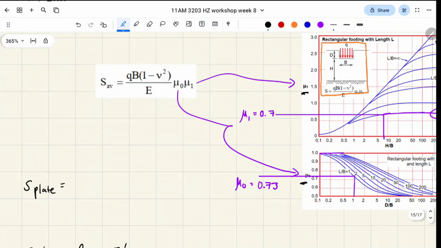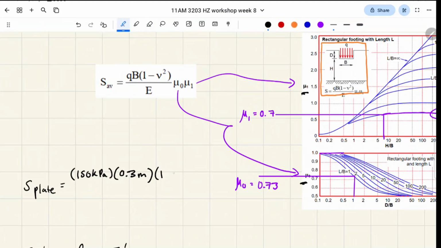So what we're doing is we're calculating the settlement of the plate, right? So we were told that we put 150 kilopascals of pressure on the plate. We're told that the plate is 0.3 meters wide.